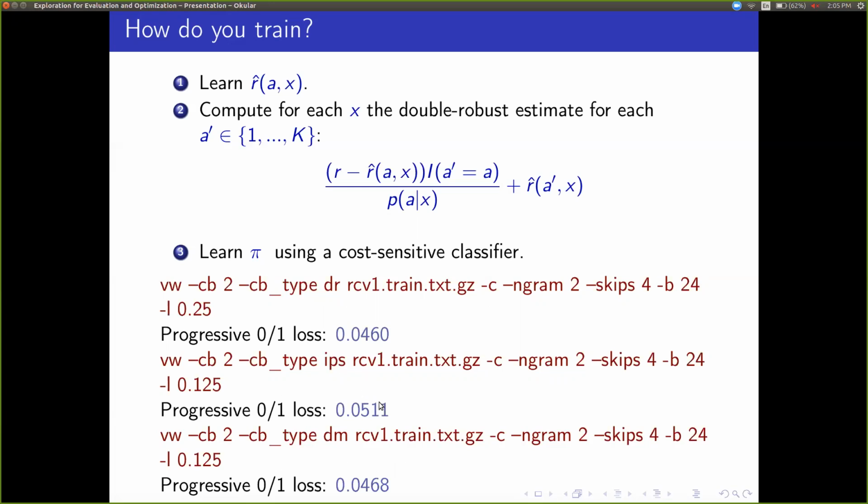That's surprising. Yeah, so I think the additional variance matters quite a bit, basically. Generally, I used to think the direct method was strictly worse than both DR and IPS. It's not always true. The variance can really kill you.